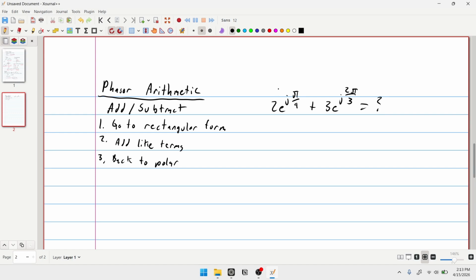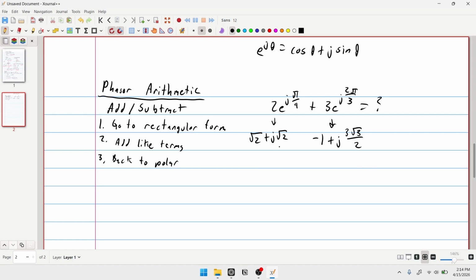Let's remind ourselves of Euler's identity, which is e^(jθ) equals cosine θ plus j sine θ. If we use that for this, we've already done this. It's root 2 plus j root 2. If you plug into here, we get negative 1 plus j 3 root 3 over 2.